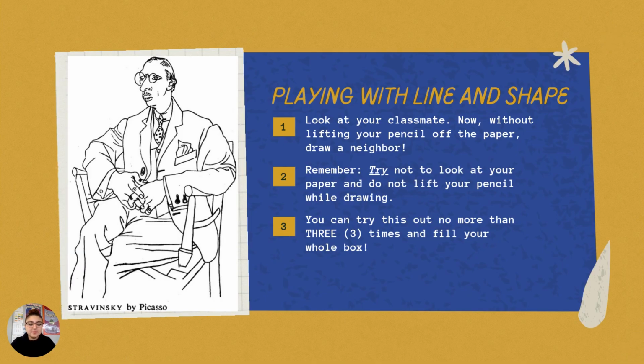With that being said, we are going to talk about lines and shapes in our next contour drawing. For this one, you are going to be doing, right at the bottom here, continuous line drawing. You're going to be filling in that box. I want you to look at a classmate. It needs to be someone you share a table with, or someone you can very easily see face to face.